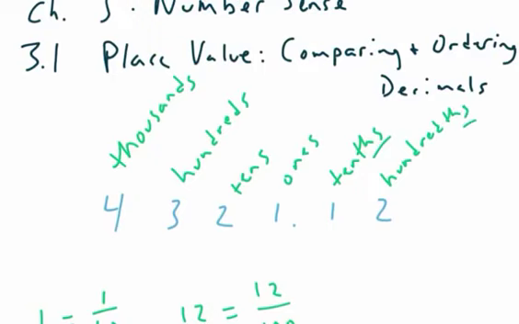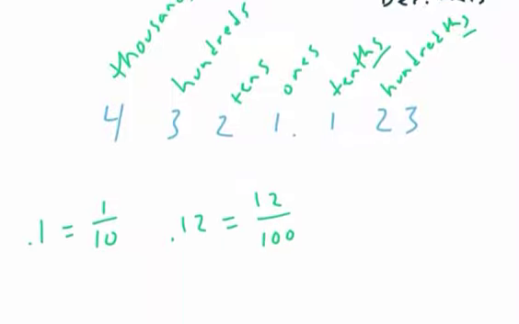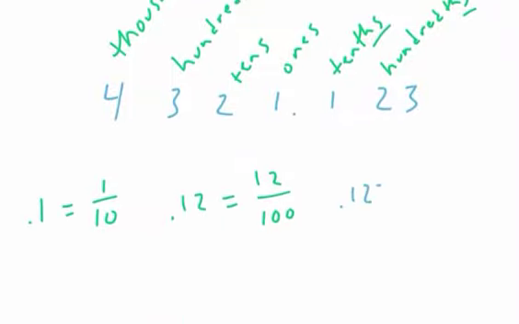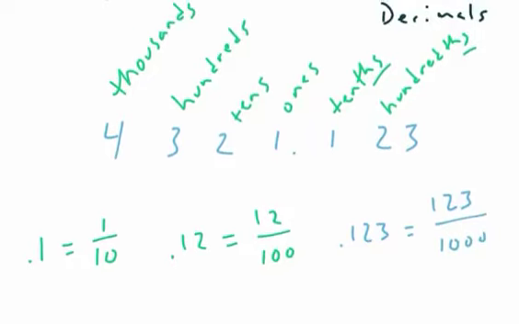And now if I were to add my 3 on there, 0.123 would be the same as 123 over 1,000. So that's why they refer to that 3 spot as the thousandths spot. Kind of ran out of space, but the thousandths spot.